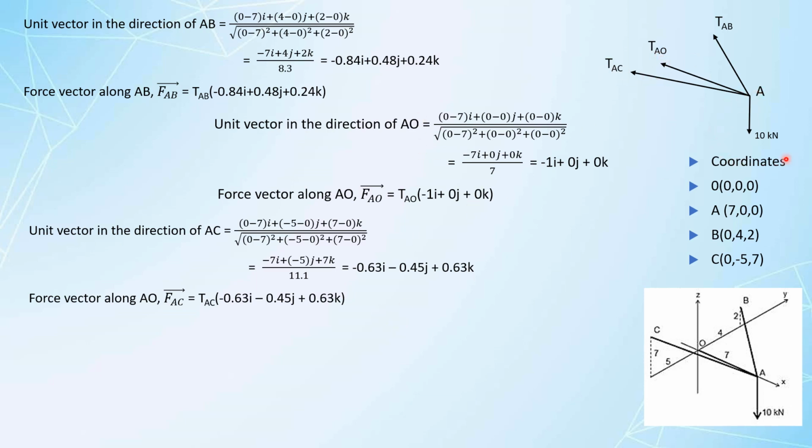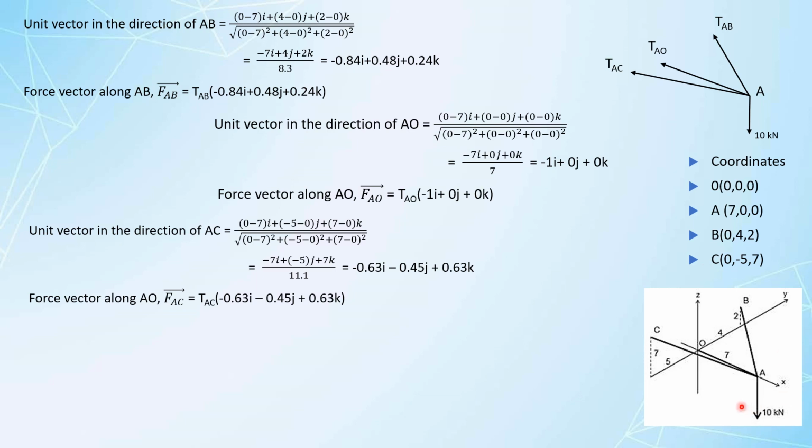But we have one more force, that is 10 kilonewton. But look at the direction of 10 kilonewton. It is acting downward, and we know that this is the positive z direction. So it is not in the positive z direction, but it is in the negative z direction. And we know that the unit vector in the z direction is k.